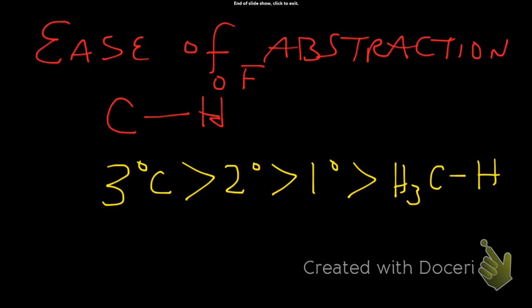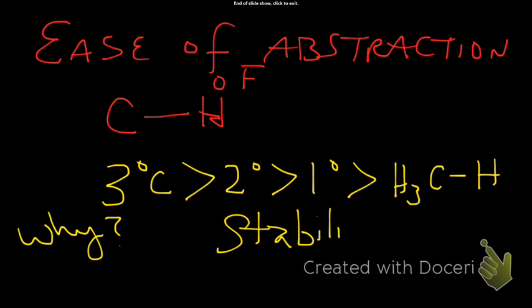So the question is why? The Miss America answer for all of these, when we talk about it in organic chemistry, is just think about stability. The reason it's easier to pull off the hydrogen from a tertiary carbon is because the carbon radical that's formed is more stable.